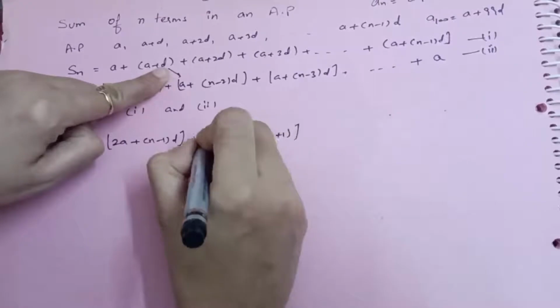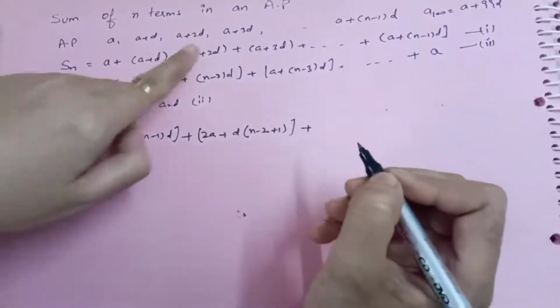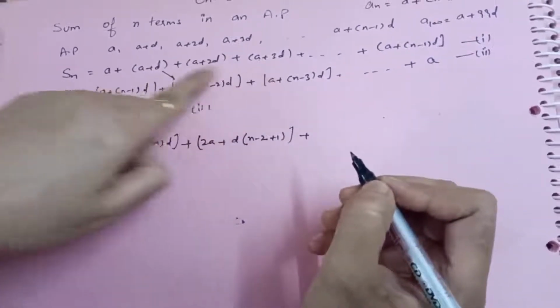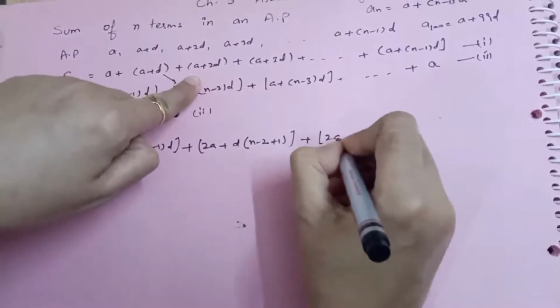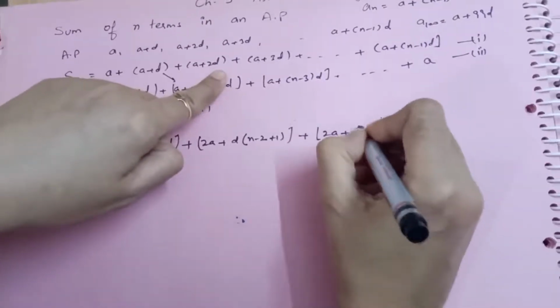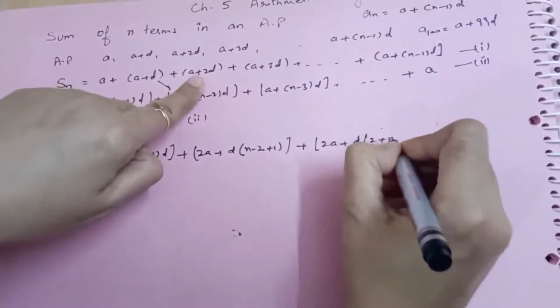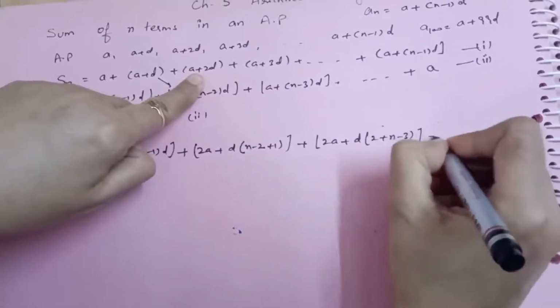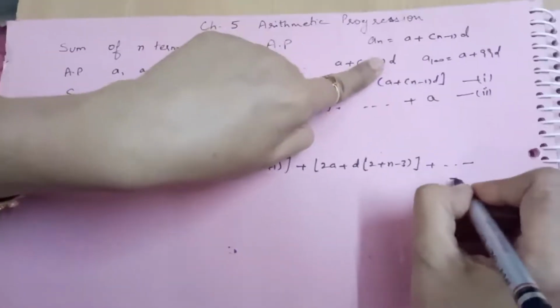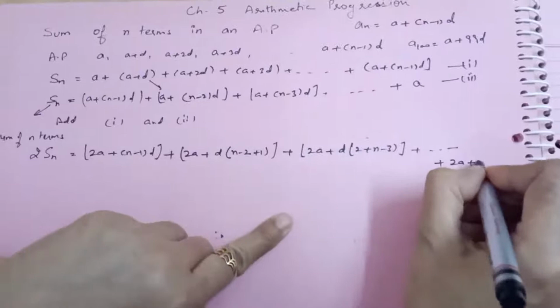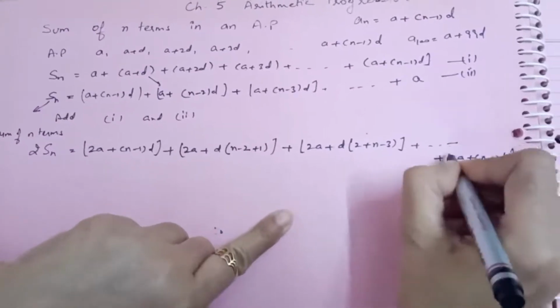Second, if I add the corresponding terms, a + a is 2a, plus d common, and inside it will be 2 + n - 3. Similarly, the last one, if you add, will be 2a + (n - 1)d.